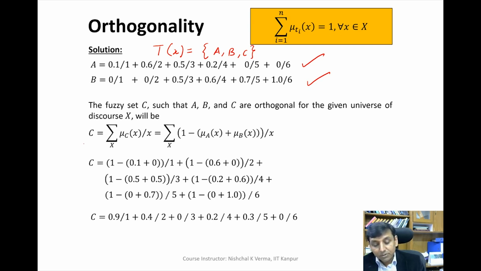So C can be known by having 1 minus these membership values for the corresponding generic variable value.